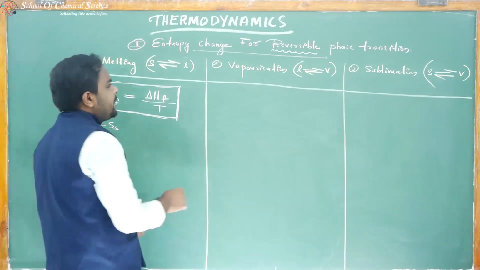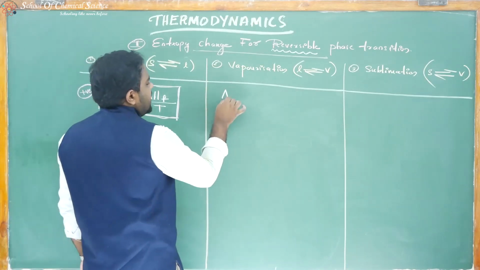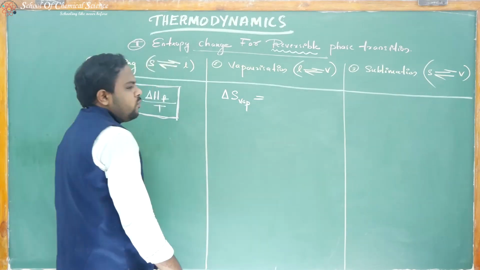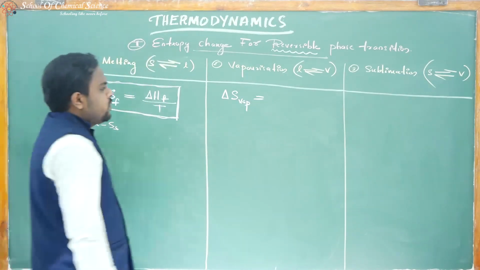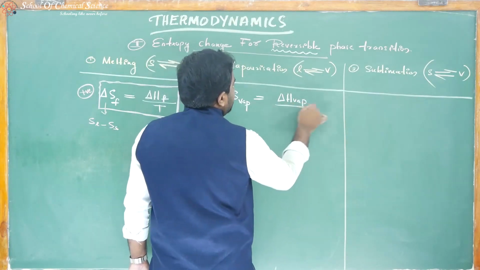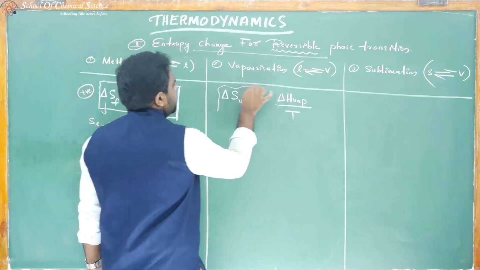Similarly, what about vaporization? Change in entropy of vaporization, delta S vaporization, is equal to delta H vaporization divided by temperature. That's the equation.